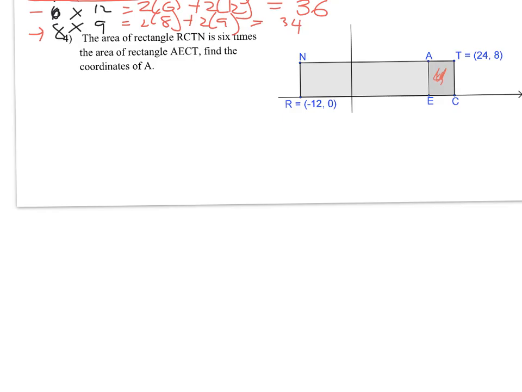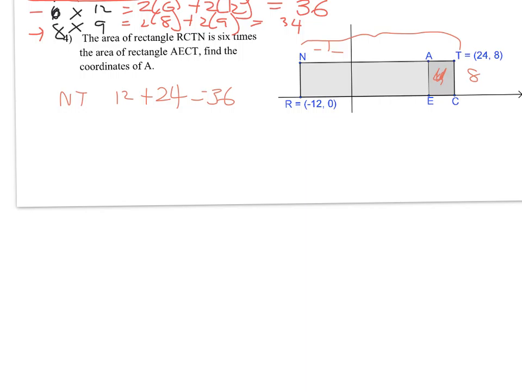So the length of this whole thing, the length of NT, is going to be -12, or 12 units, plus 24 units. So 36 units. And the height of the whole thing is 8.